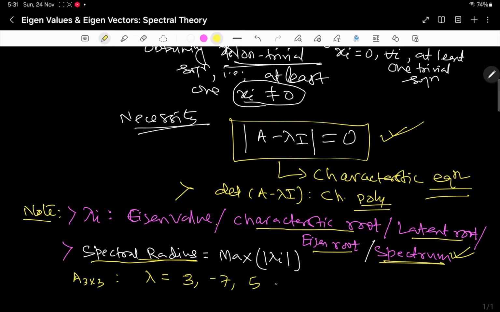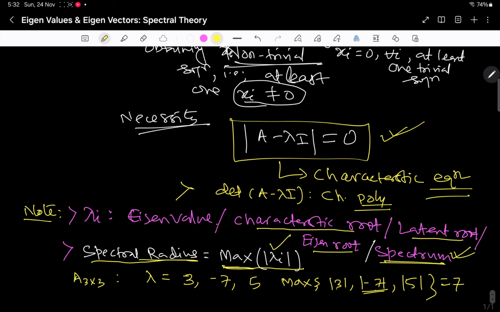Then you take the absolute value and find the maximum of modulus 3, modulus minus 7 and modulus 5. Now modulus minus 7 is plus 7, so these are 3, 7 and 5, and the maximum value is 7 here. So the spectral radius is the largest absolute value of the eigenvalue.